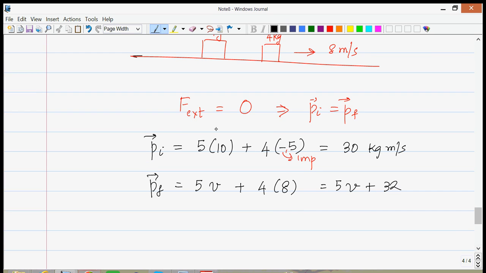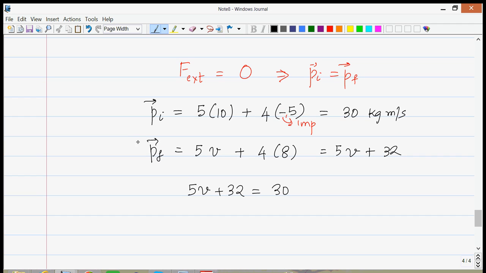Now the two momenta, as we realize, are equal. So what we know is that 5v plus 32 is equal to 30. And now we can solve for v. We get 5 times v equals 30 minus 32, which gives us negative 2. And so v is negative 2 over 5. It is negative 0.4 meters per second.